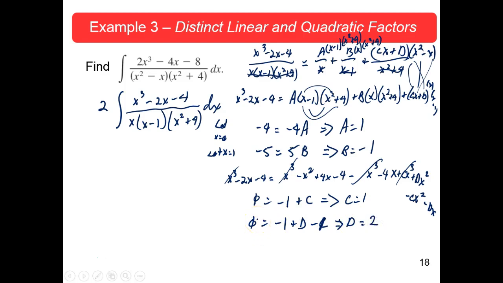Now we're going to check. Negative 2 is equal to, I did the quadratics here. Okay. The linear terms are negative 2 equal to 4 minus 4 minus d. And d is 2.